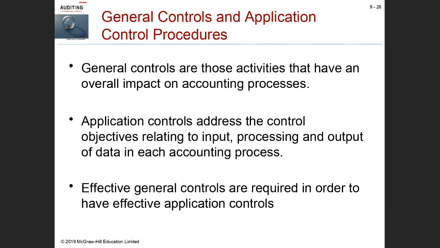When we talk about auditing an IT system, we often talk about what are the input controls into the system, what are the processing controls while the IT system is actually processing the data, and then what controls do we have in place over the output? Once the IT system spits out the data, how do we control the data at that point? So we can have application detail level controls.